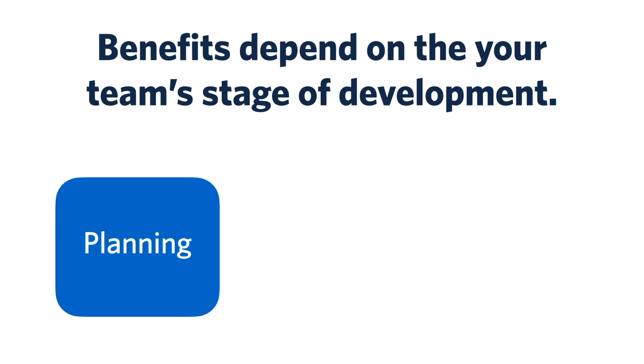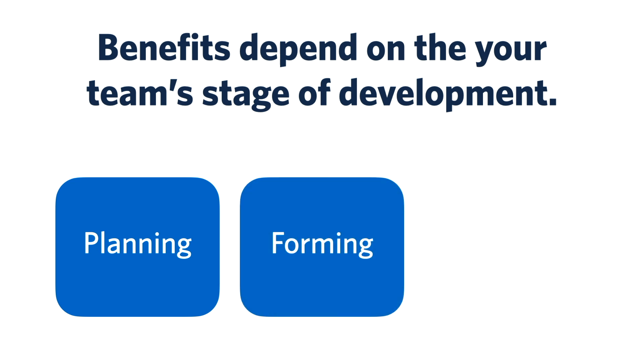So if you already know and you're just starting to work together as a team, you're in the forming stage. And now it's about understanding how you want to work together. It's about getting to know each other, understanding where your personal skills and interests are as clinicians. So the benefits here are understanding how you want to divide up different kinds of work across the team members and across the different professions in the team.